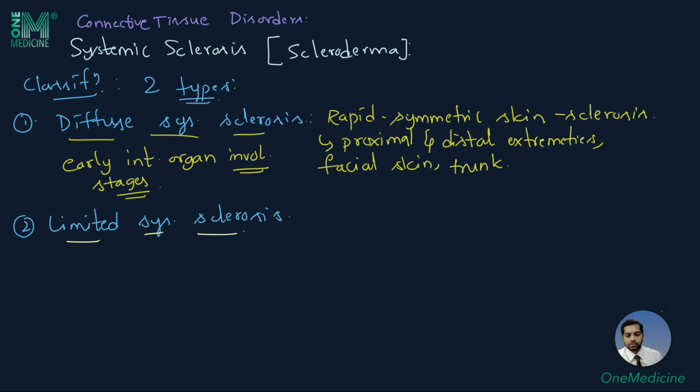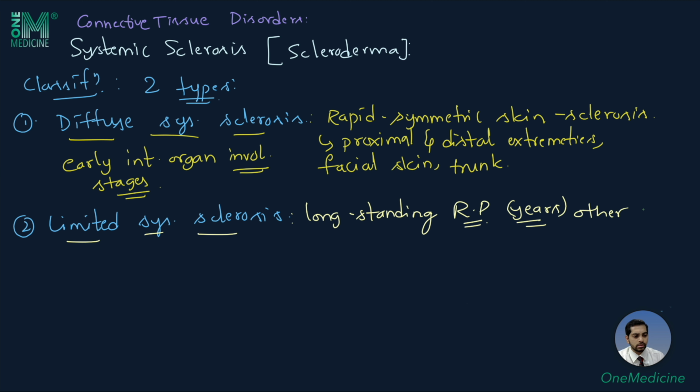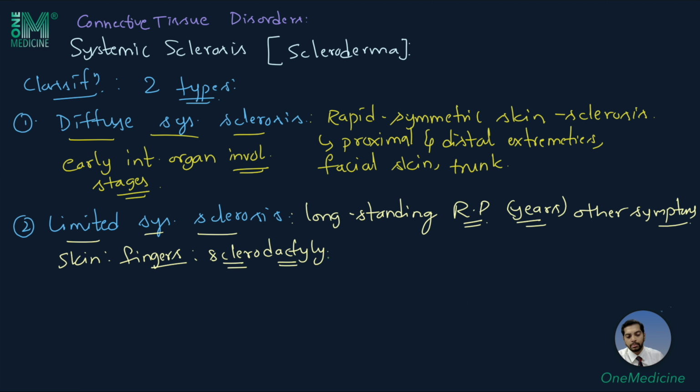Limited systemic sclerosis, on the other hand, presents with a long-standing Raynaud's phenomena in the patient, usually lasting for several years before the development of other symptoms. Skin involvement is limited to fingers, also known as sclerodactyly, that is thickening of the fingers or especially the tips of fingers.